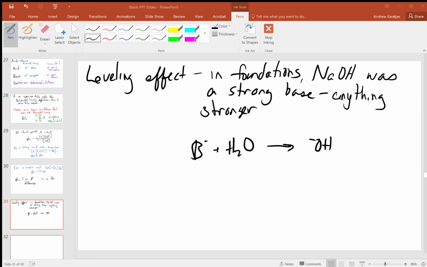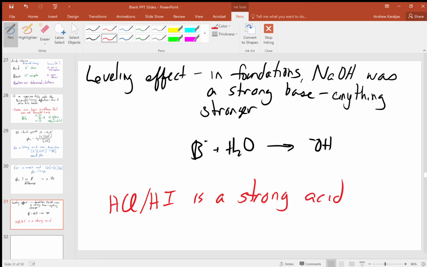You probably also learned in general chemistry or foundations that something like HCl or HI is a strong acid. And it is. But again, these aren't the strongest that exist.